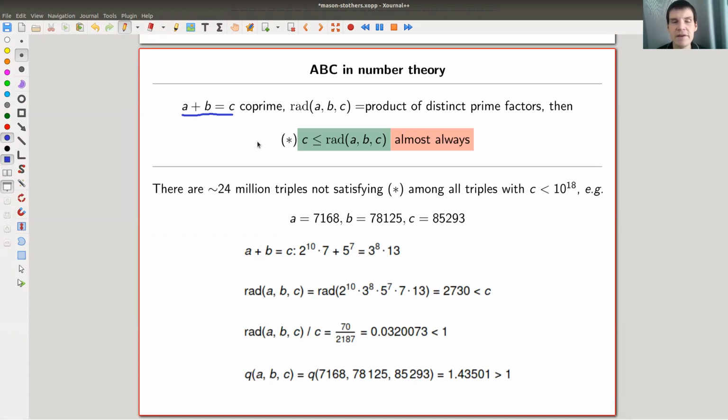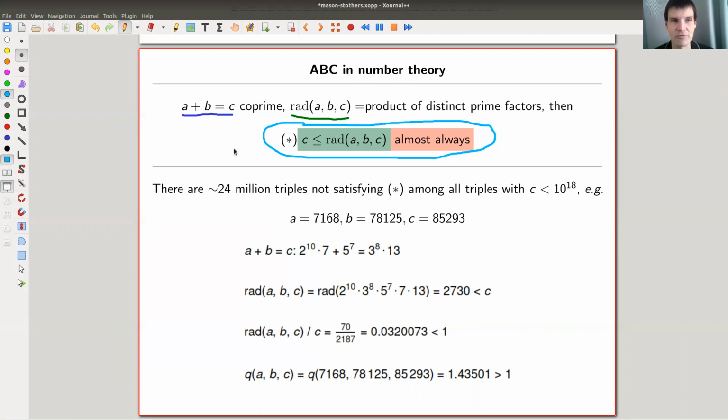And what you do is you take the so-called radical of them. Very easy definition, just the product of all distinct prime factors. I'll show you an example in a second. It's very easy to compute if you know the prime decompositions of A, B, C. Anyway, the ABC conjecture, roughly speaking, states the following. So C is always smaller or equal than the radical of ABC. Nope, that was wrong.